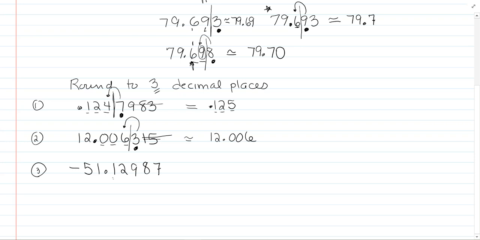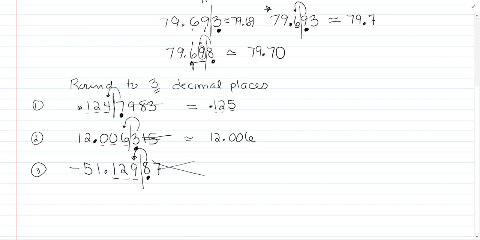And again, 3 decimal places, 1, 2, 3. Draw the line, check out this number here, 8. Again, we're not worried about anything after the 8. The 8's going to help me determine what happens on the other side of the line. So 8 is 5 or higher, so it's going to bump the 9 up by 1.